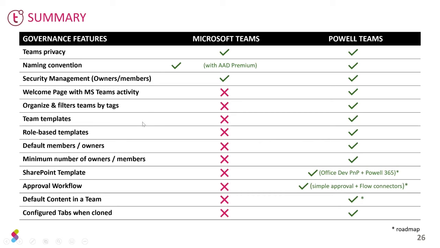The ability to use templates also, and also to target these templates to specific users based on their roles. The ability to have default members and owners, and also the minimum amount of team owners and team members.